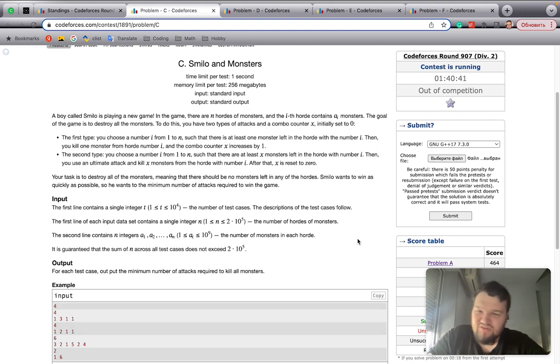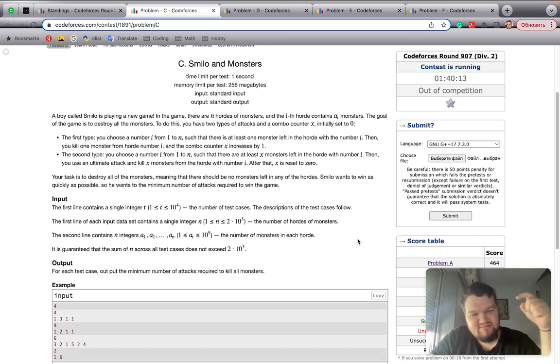So every attack of the first type should decrease the total health by 2, by 1 through the attack and also by 1 through the fact that it increases the combo counter.